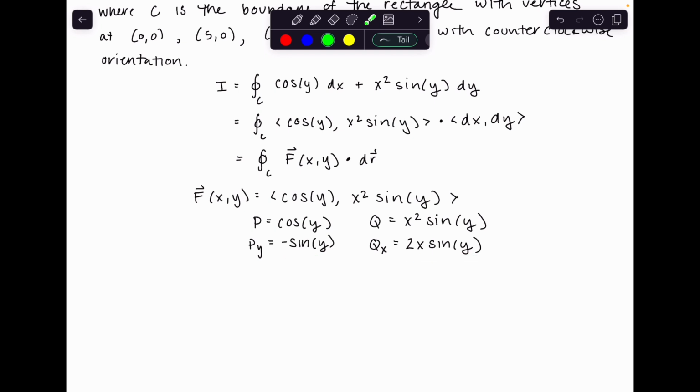However, because I'm finding a closed region, Green's theorem is going to make sense. And this works out nicely because I've already found what needs to go inside of the integral for Green's theorem. But here, since Py is not the same as Qx, we can't apply the fundamental theorem for line integrals.